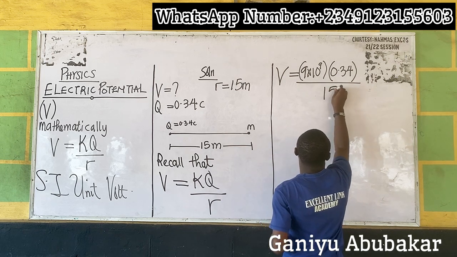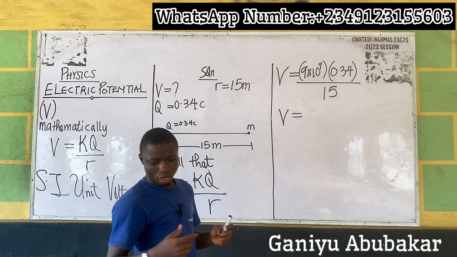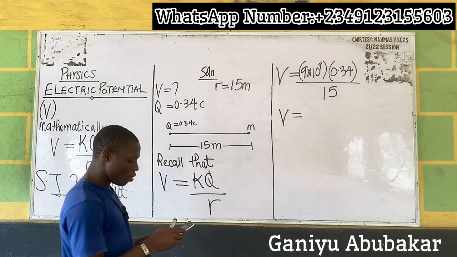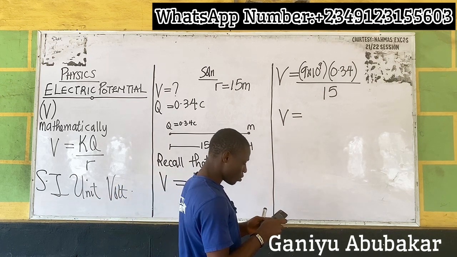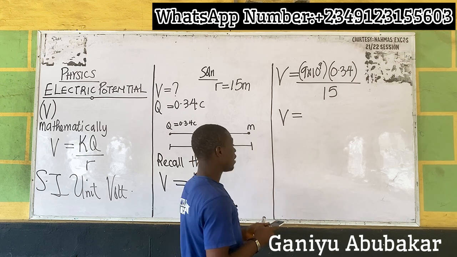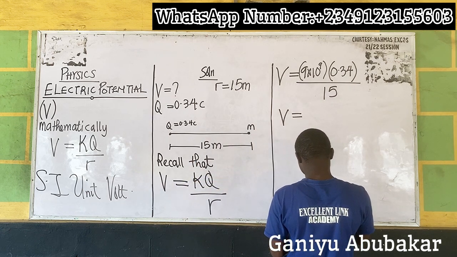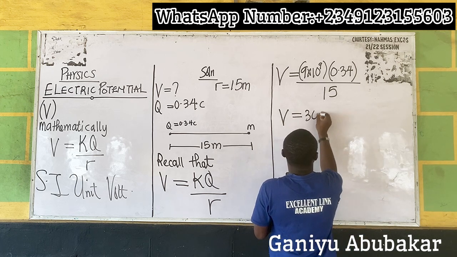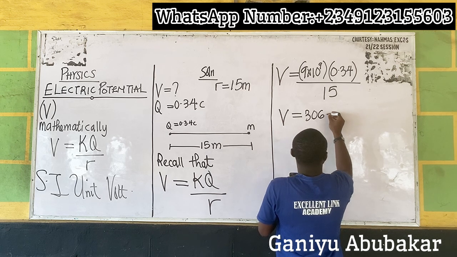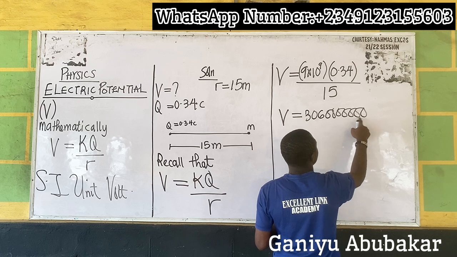So V is equal to, if I punch my numerator together, 9 times 10 to the power of 9 multiplied by 0.34. The value is 306 followed by 1 2 3 4 5 6 7 zeros.